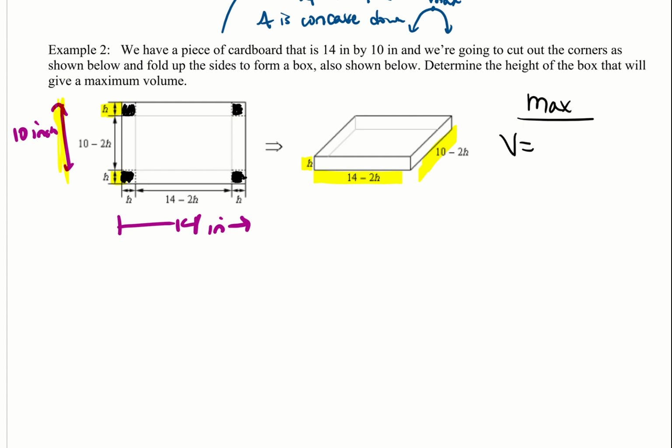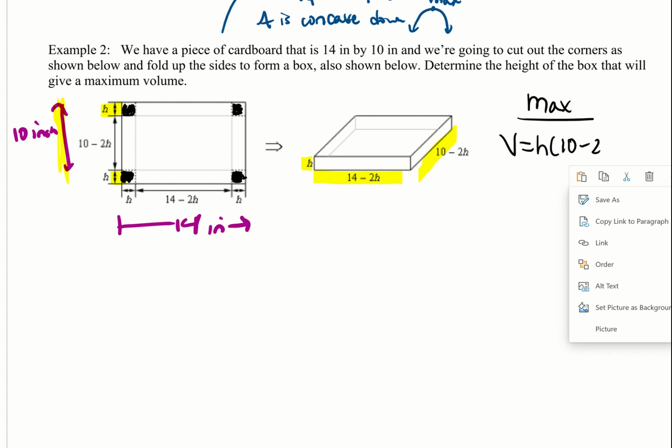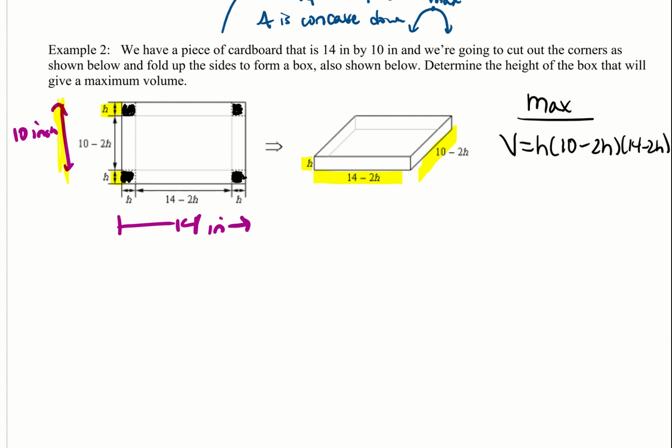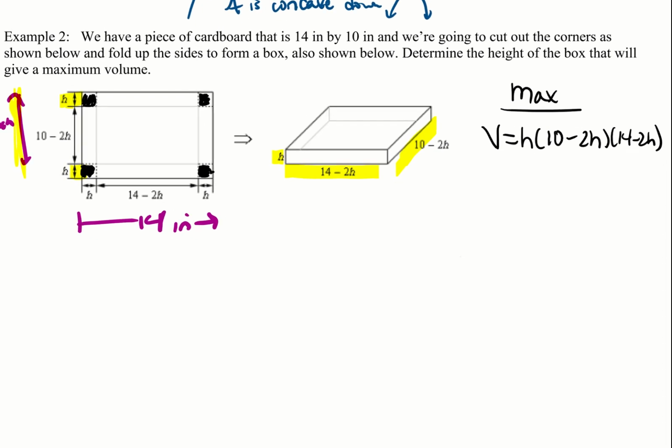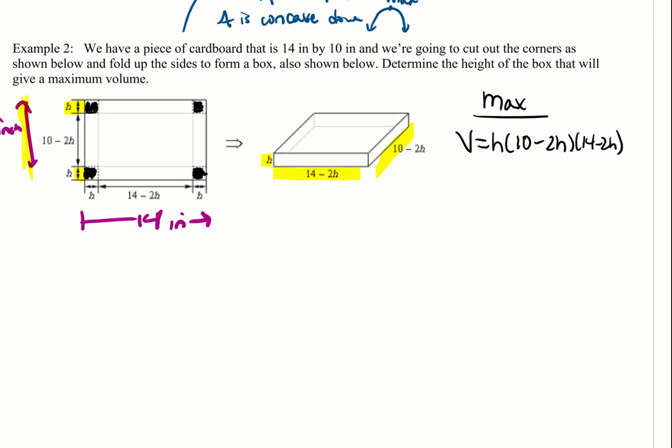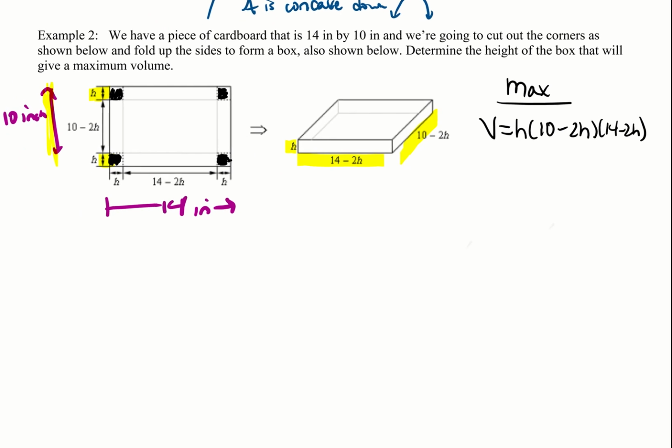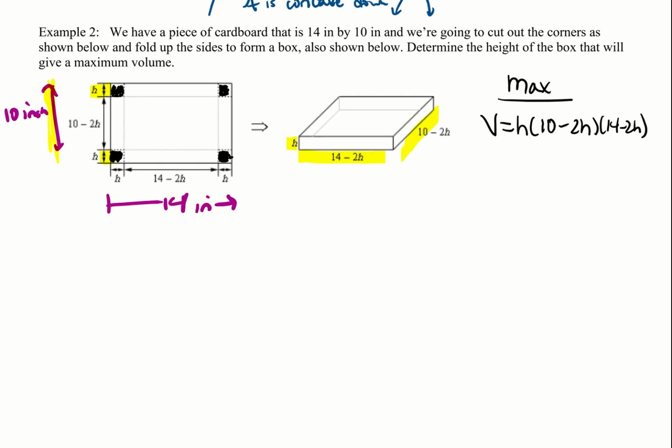So the volume can be found by h times 10 minus 2h times 14 minus 2h. You might notice on this one, we only have one variable on the right-hand side, which is great. And what's happening here is there are constraints in this problem, but we've kind of already dealt with them.